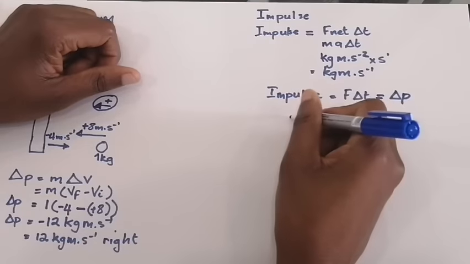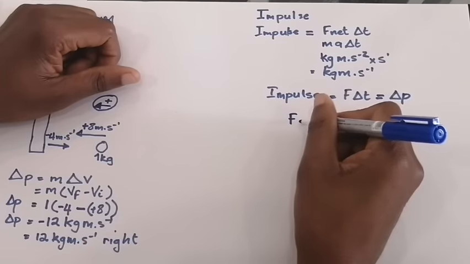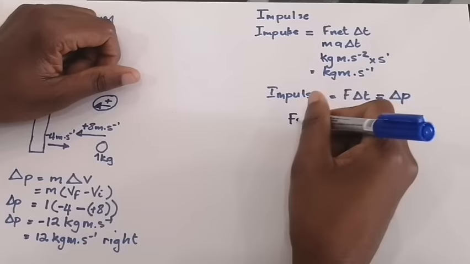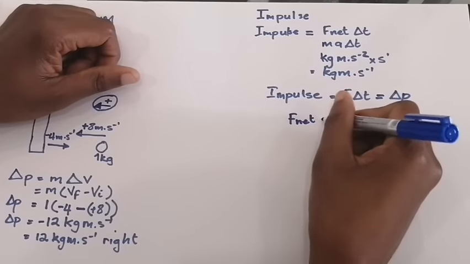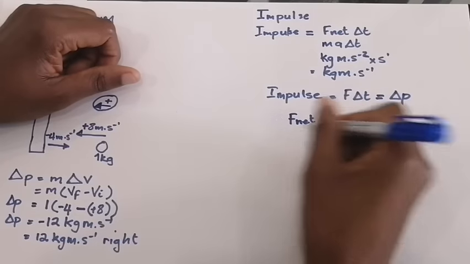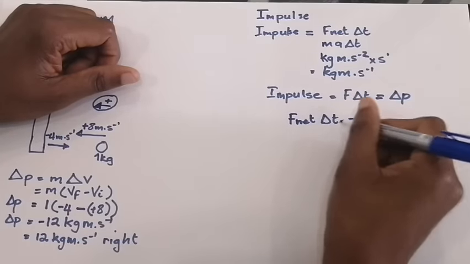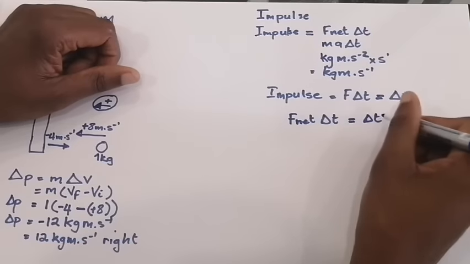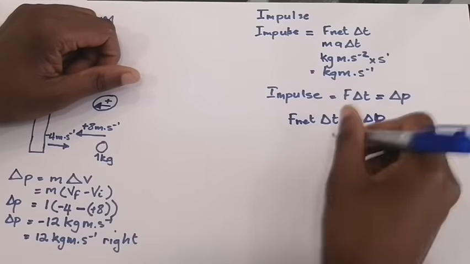And in fact, if you go back to what Newton's second law is, I'm going to show you in just a little while. So we've got an impulse momentum equation that says F net delta t, change in time, is equal to the change in momentum.